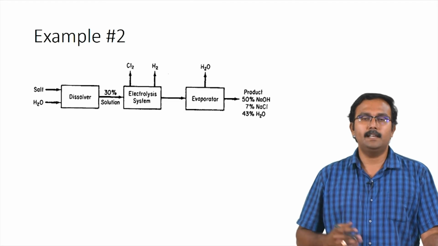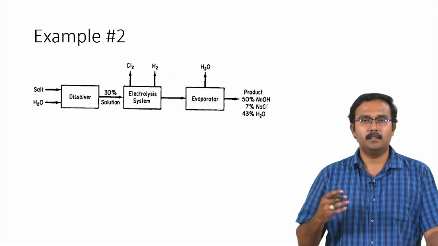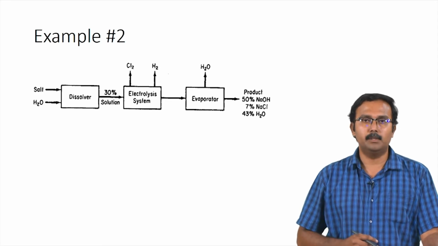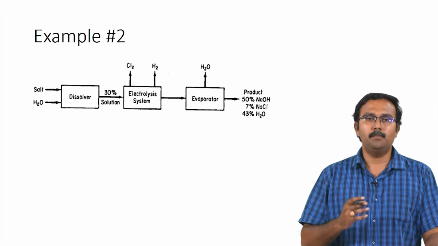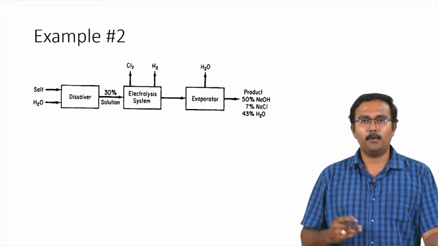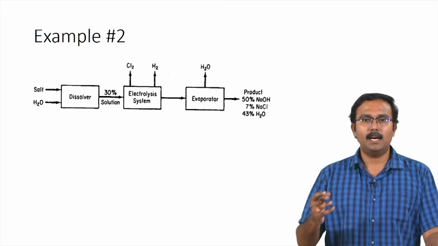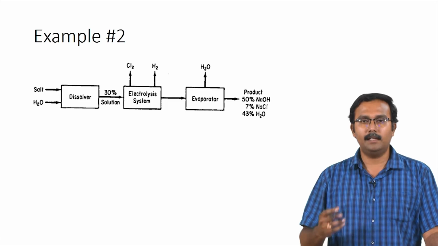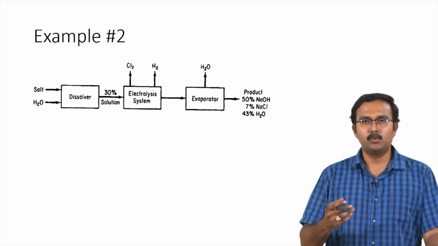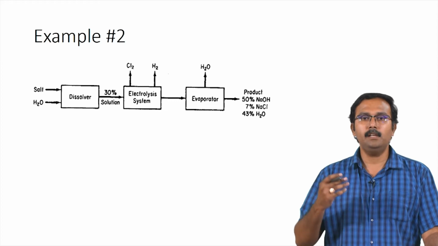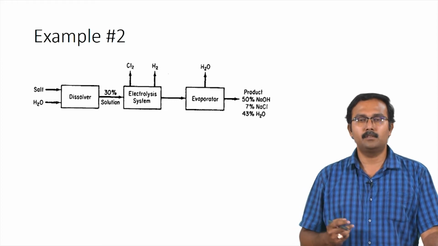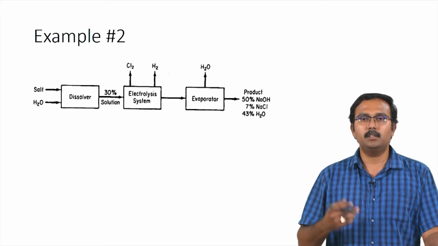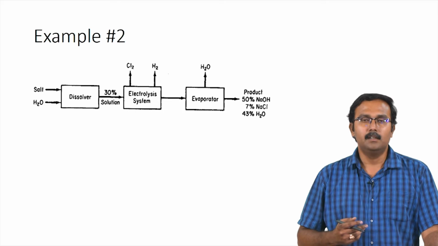First thing we need to identify here is, although the process and the system has been given, the chemical reaction itself has not been given to us. However, we have been given what the reactants are and what the products are through the flow chart. You have salt and water entering the system, which means those two are the reactants, and you have chlorine, hydrogen and sodium hydroxide leaving as products, in addition to unreacted water and NaCl.